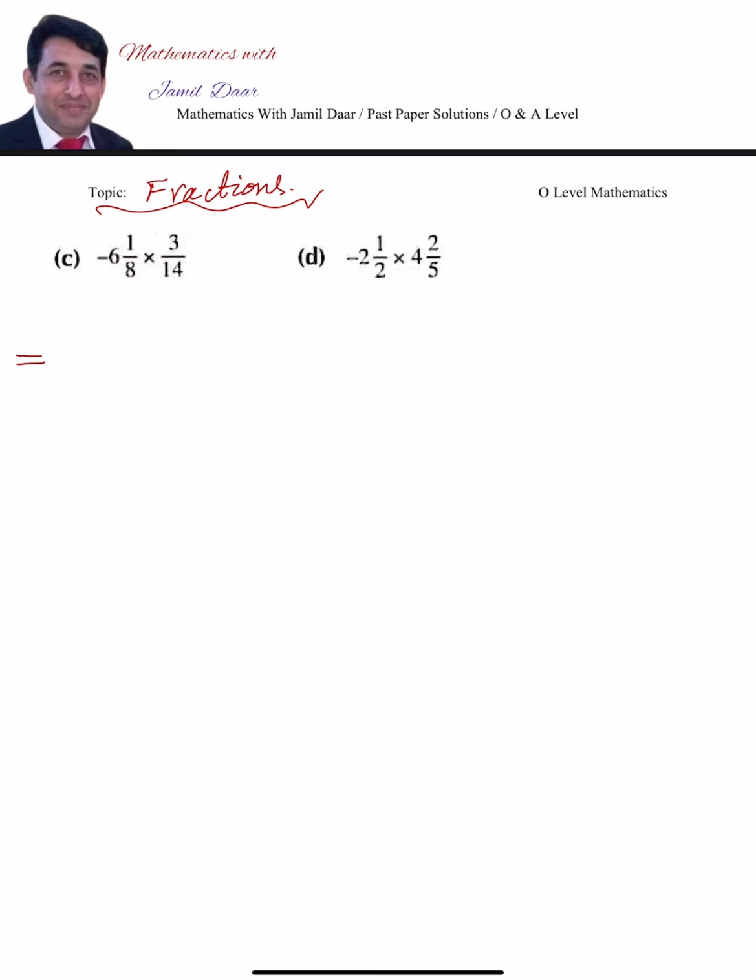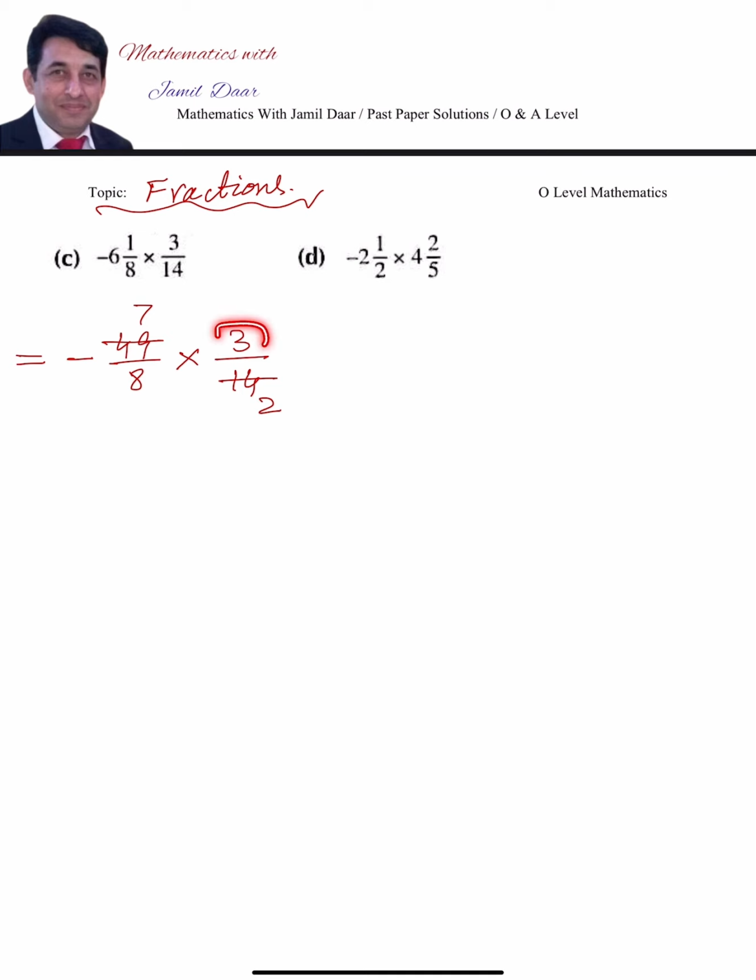So this will become minus 49 over 8 multiplied by 3 out of 14. Now you can see that this 14 and 49 both come in the times table of 7. So 7 twos are 14, 7 sevens are 49.